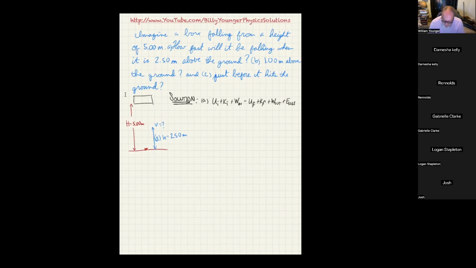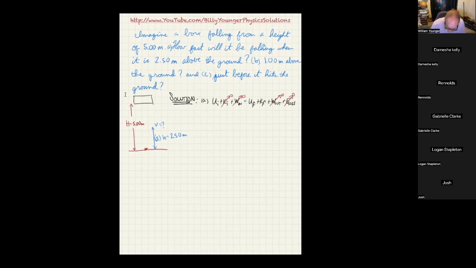Now, work out and E loss are basically what I use for working against friction or compressing a spring or something like that. We're ignoring that kind of stuff. Well, we don't have any springs, but we're ignoring air resistance and friction. And the same thing with work in, we're assuming none of that happens. And since they said it was falling, that means the initial kinetic energy is 0 as well.